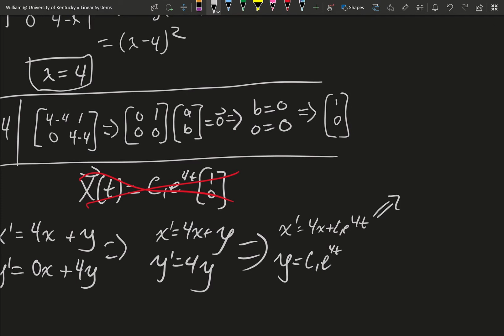We could now go ahead and solve this, right? x prime minus 4x equals c1 e to the 4t. Use our integrating factor of e to the negative 4t.